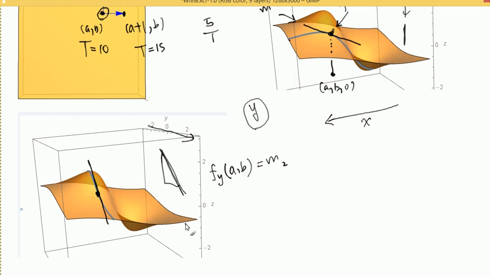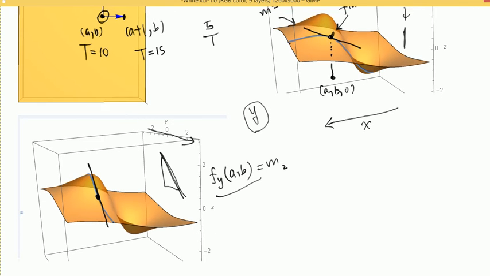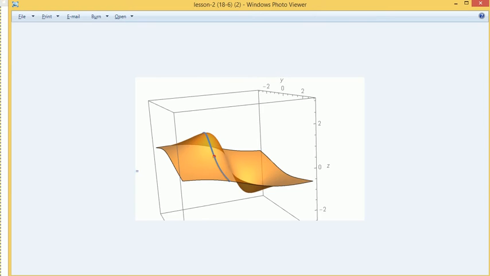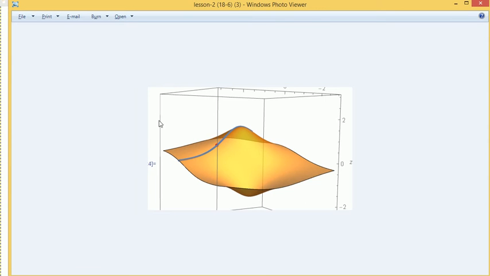You can estimate what that is. But if you have a formula, you do that partial derivative and plug in a and b, and that's a number. That's a slope. Make sense? All right. So I turn this thing around so that the y-axis is here, so that you can clearly visualize, oh, that seems like slope less than 1. Would you agree that it seems like a little less than 1? That's the meaning.